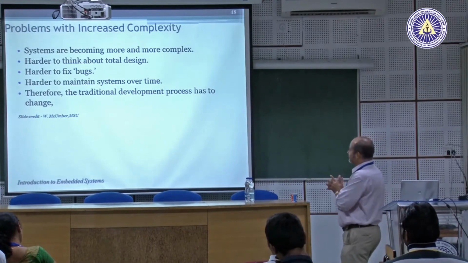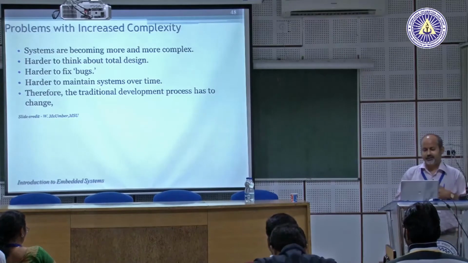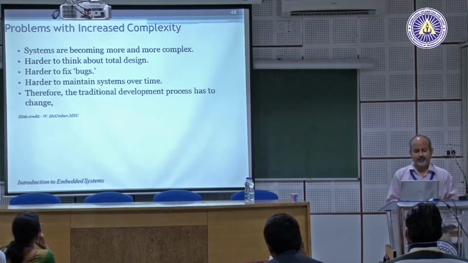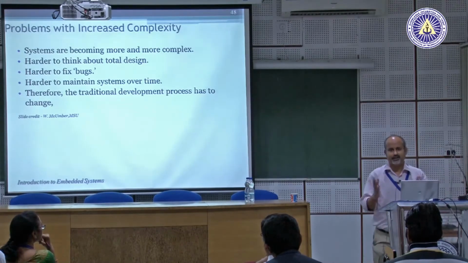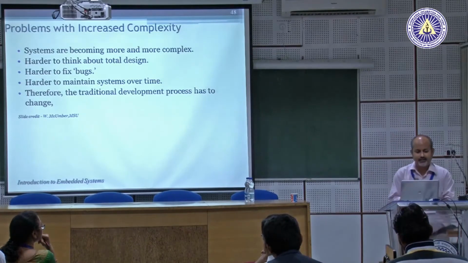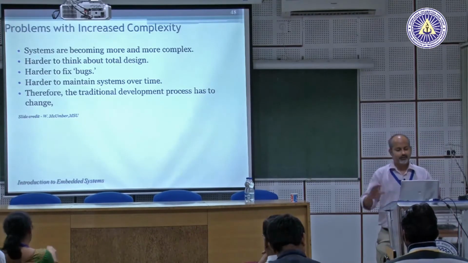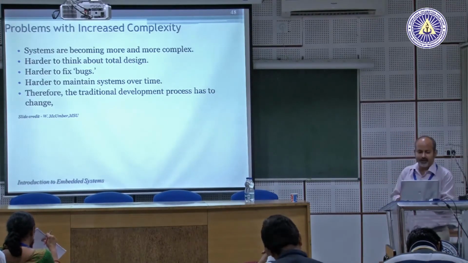So systems are becoming more and more complex, so it's harder to think of the total design in one go. So you might actually modularize your design, so that this part does this, this part does this, and then you have to design the interface. Fixing bugs is difficult because it can be distributed all over the system, and an effect might be felt in one part.